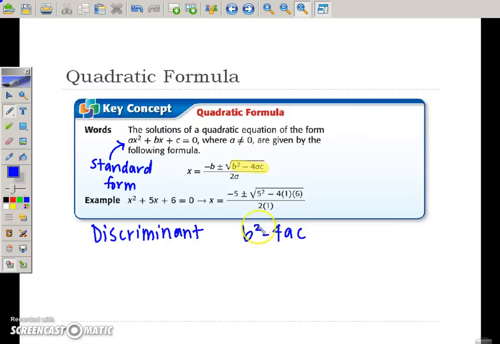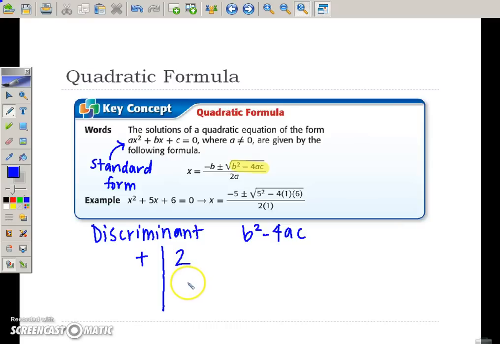If we plug our a, b, and c into our discriminant and get a positive number, like a positive 40, that tells us we have two solutions.